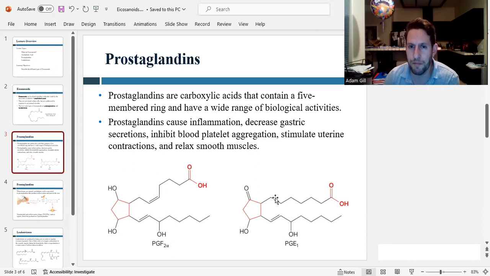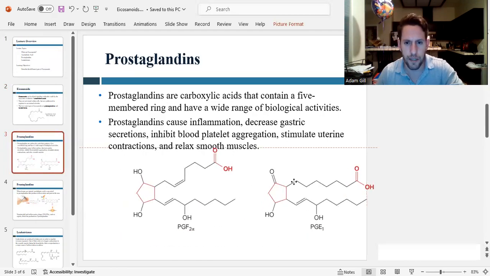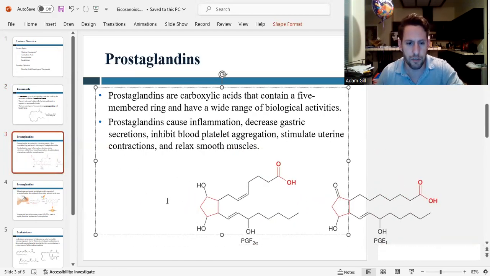Their most common function is in inflammation response, but they also control gastric secretions, blood platelet aggregation, uterine contractions, smooth muscle contractions, a whole host of physiological effects, but mostly they're associated with inflammation response. And so if we copy arachidonic acid here, you can see how it's similar in structure.